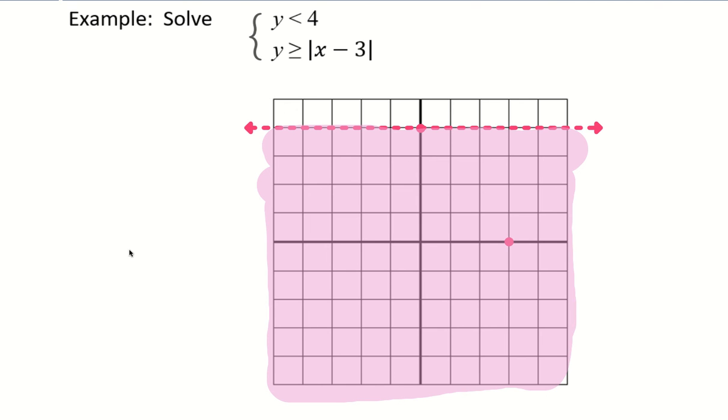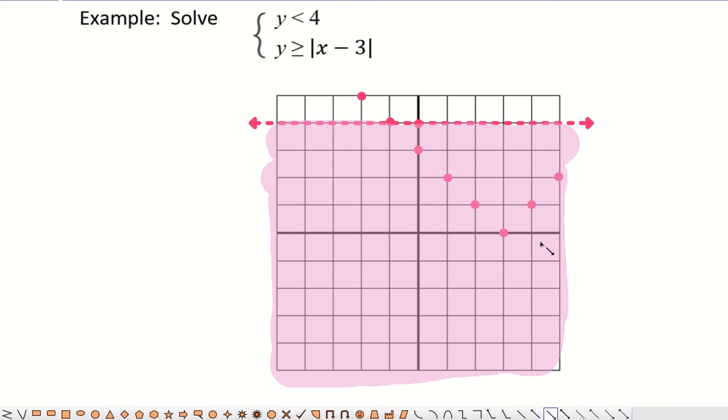Other than that, it's got a slope of up 1 over 1, and it's going up, like we're not flipping this upside down. The only change from the original parent function was that everything got shifted to the right 3 spaces. So there's my V, and like I said, it's going to be a solid V, like that.